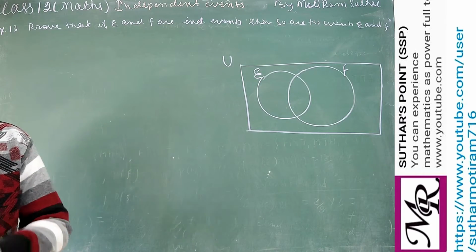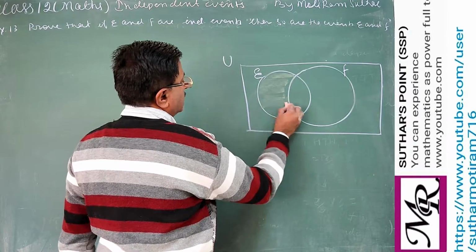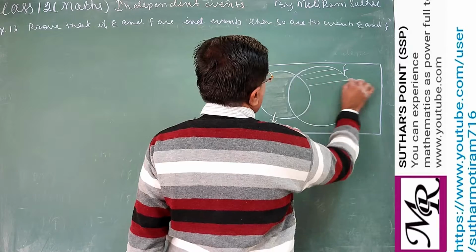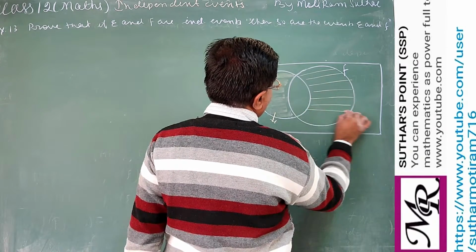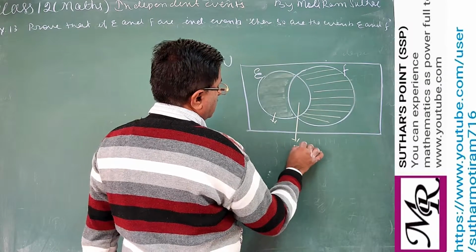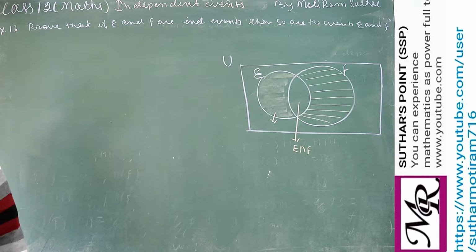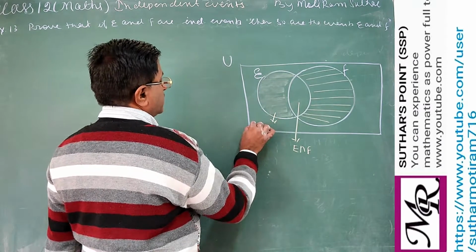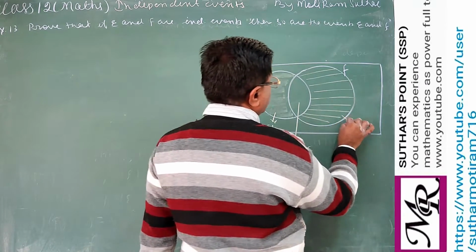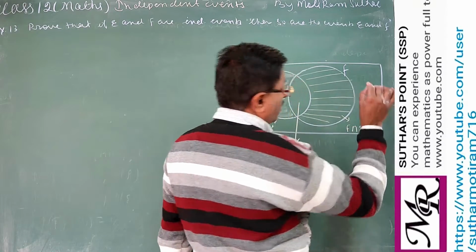This region represents only E, and similarly this only F, and this represents E intersection F, common to both. This we can represent as E intersection F naught, and this represents F intersection E naught.